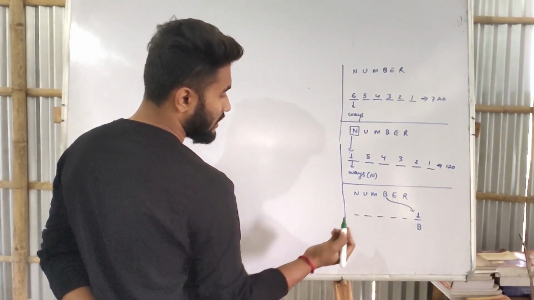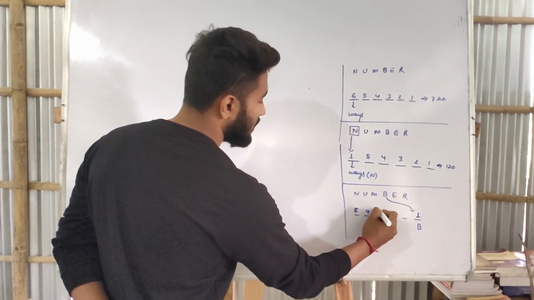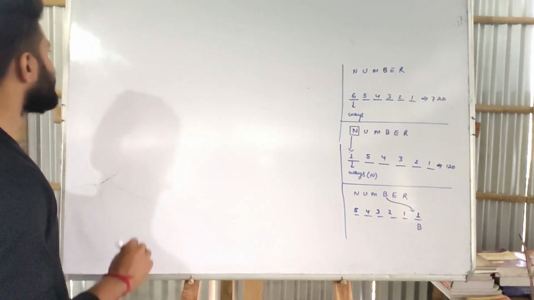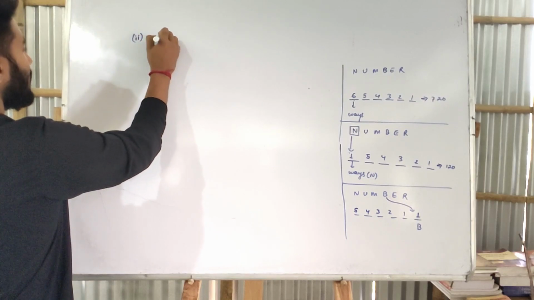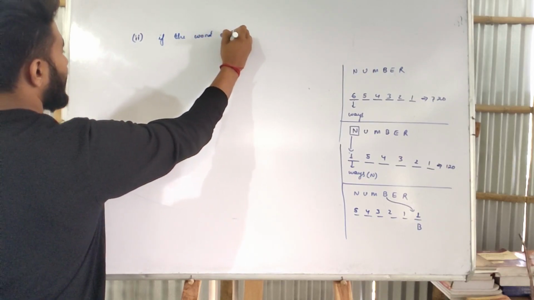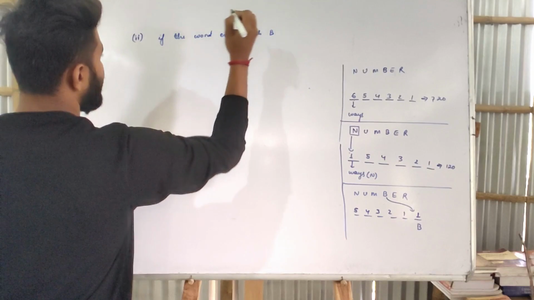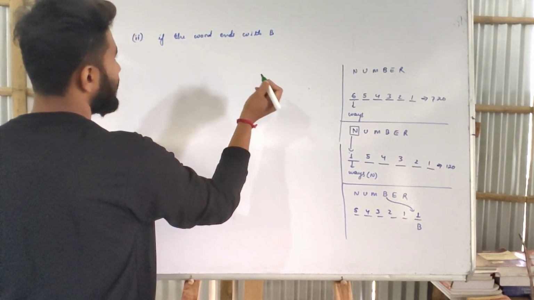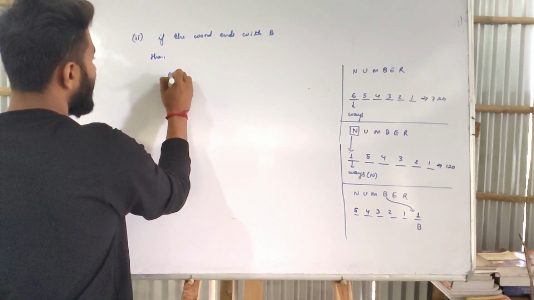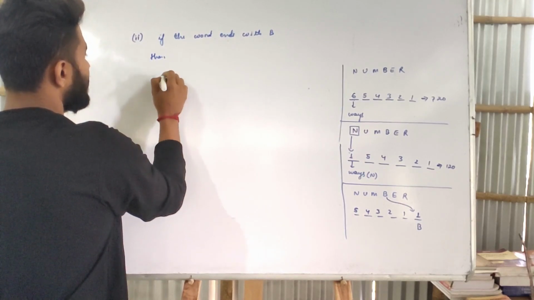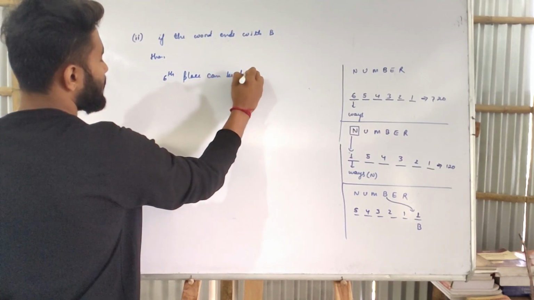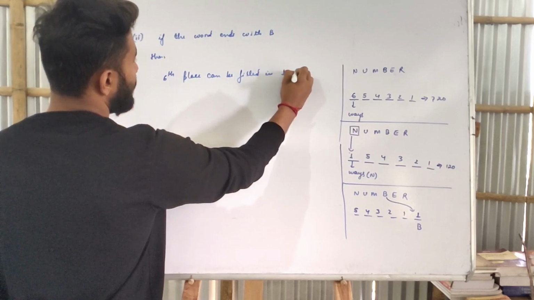So B is fixed here. How many ways can you fill the rest? Obviously 5, then 4, then 3, then 2, then 1. Finish. So let us write. Number 2: if the word ends with B, then sixth place can be filled in one way.